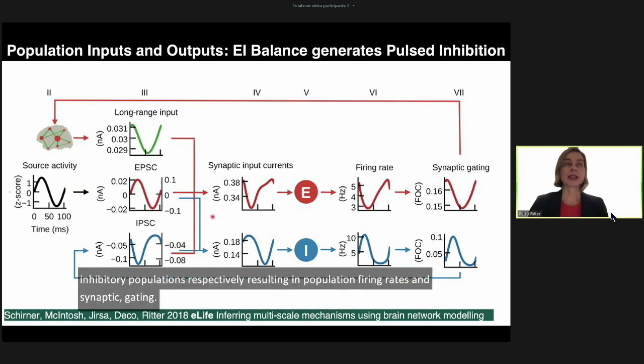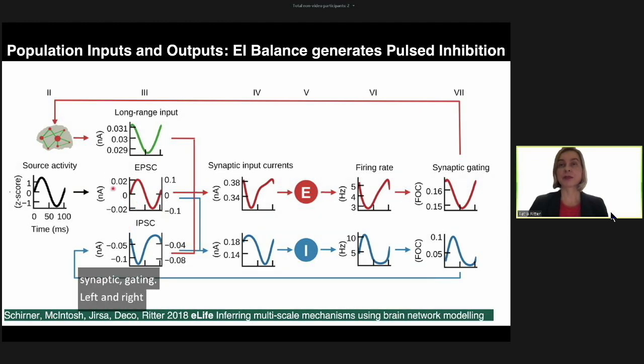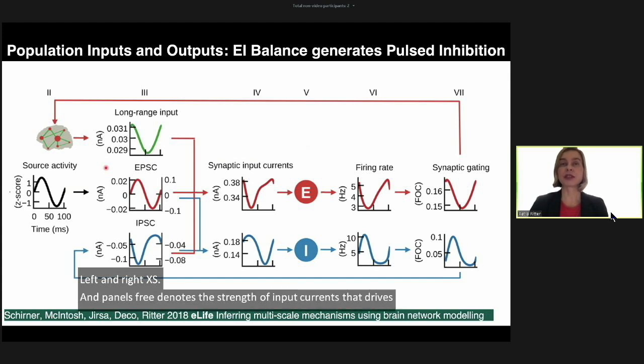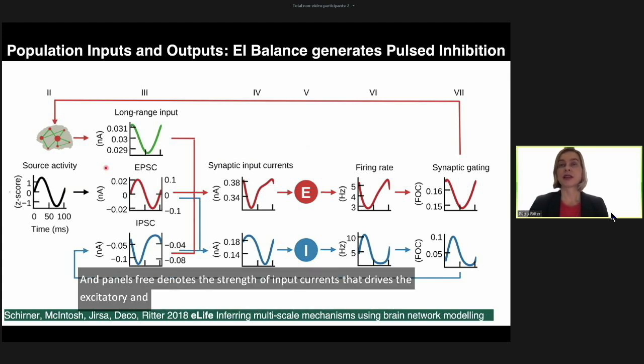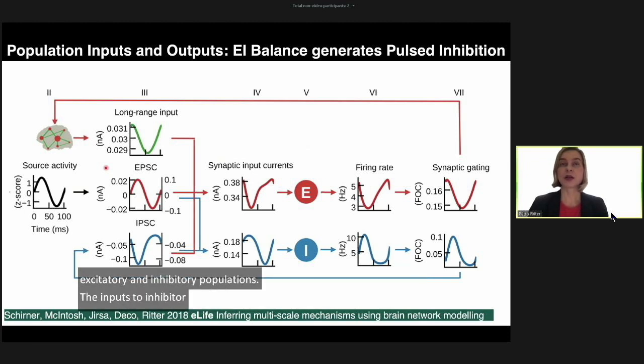Left and right axes in panel 3 denote the strengths of input currents that drive the excitatory and inhibitory populations.